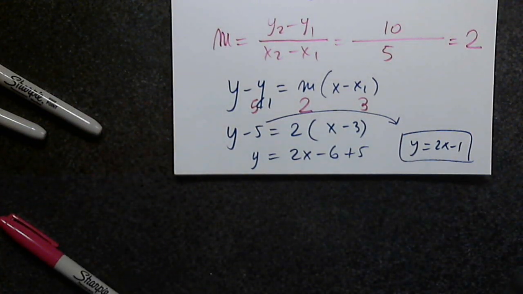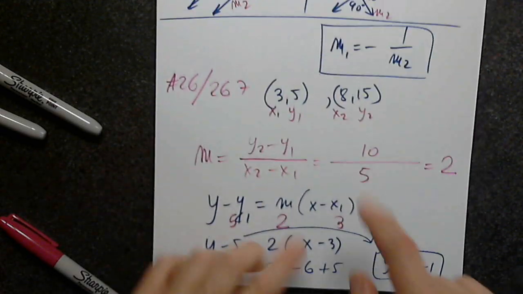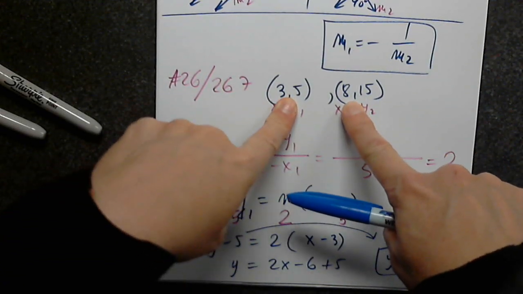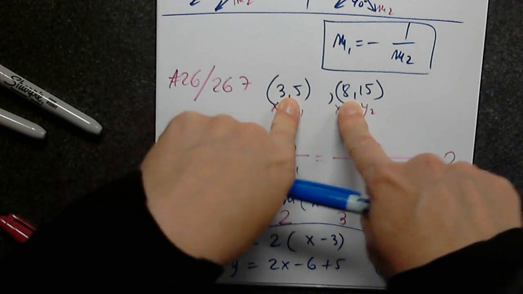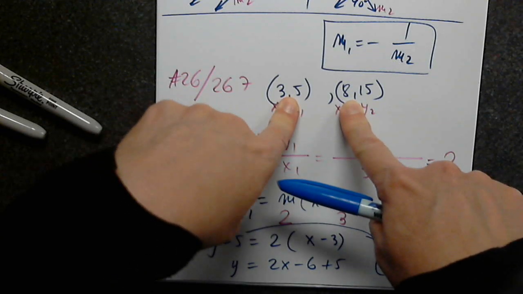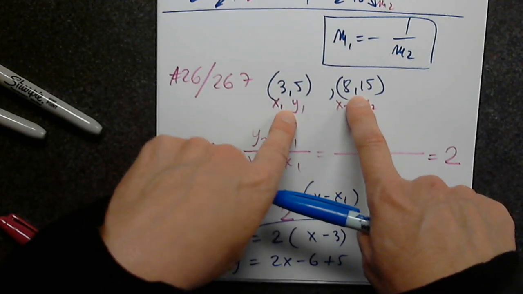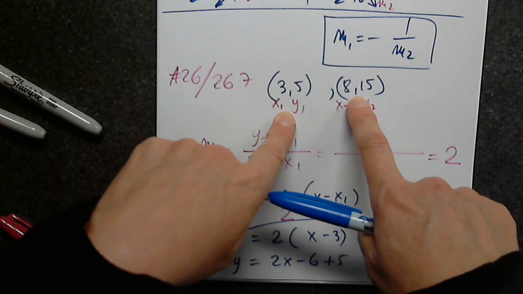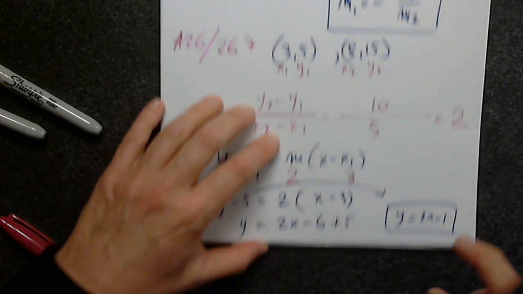Can anyone tell us what this equation represents? Slope and the y-intercept. It represents the equation of the line passing through these points. It's guaranteed. This is the equation of the line.